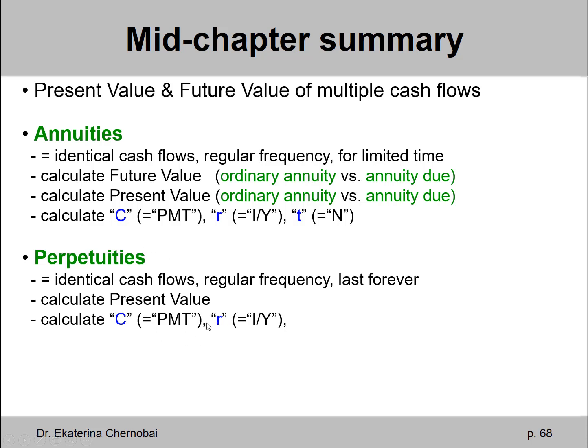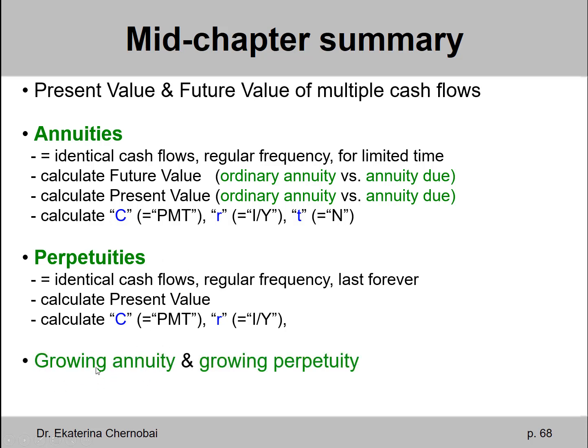For perpetuities, using the formula by hand, which is PV equals C divided by R, is much easier than doing the math in the financial calculator. In the financial calculator, what do you use for the number of payments? Technically, it's infinitely many payments, but if you just put a few nines, let's say 999, then you will get your answer. It's gonna work.